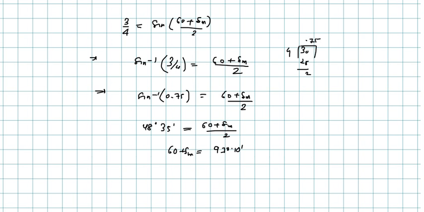So then delta m must be equal to 97 degree 10 minute minus 60 degree, it should give me close to 37 degree 10 minute. So this is approximately 37 degree.